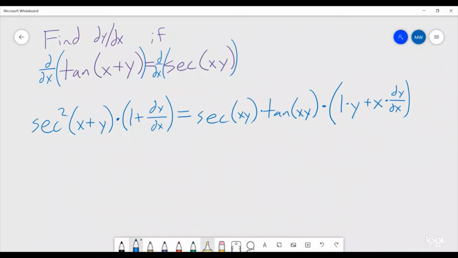Our goal now is to try and isolate the dy dx's. So we want to get these two pieces together and by themselves. So that means the first thing we're probably going to need to do is multiply things out. So on the left-hand side, that becomes a secant squared of x plus y plus dy dx times secant squared of x plus y.